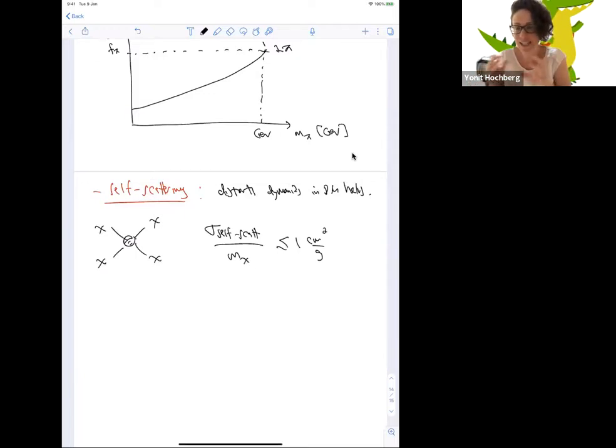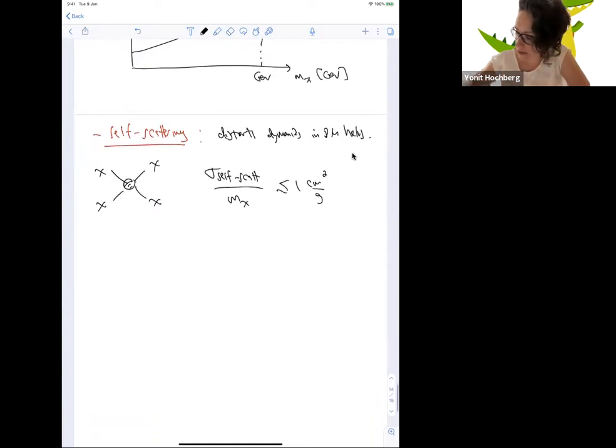And what exactly is this number? It's like a squiggly line, whether it's 1 or 0.1 or 10, up to an order of magnitude, which changes depending on the velocity of different systems. This is the ballpark of how large you should or shouldn't let your self-scattering cross section go. There are also some interesting puzzles in this context, which you might have heard about. One is called core versus cusp, and the other is called too big to fail.